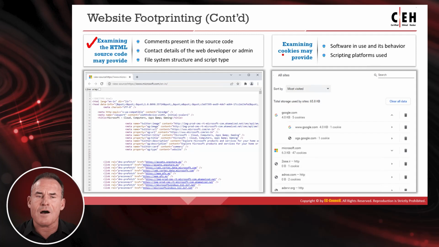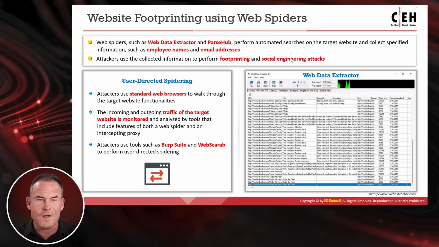If you ever log into a website after viewing products on Amazon, you see the same products on that website. That is not coincidence. That's a tracking cookie. Cookies may also give you useful information, session identifiers we'll talk about later on, software in use and its behavior, scripting platforms used, etc.